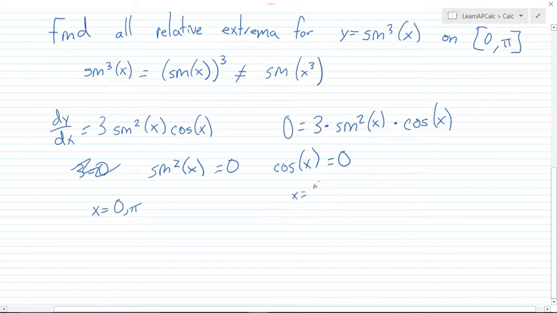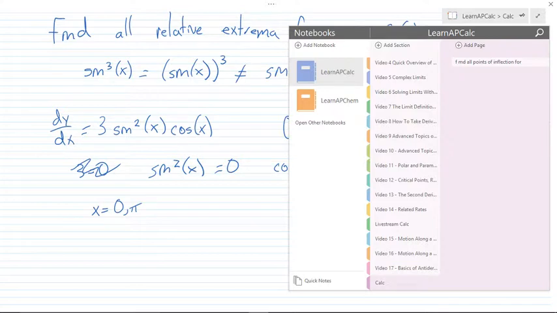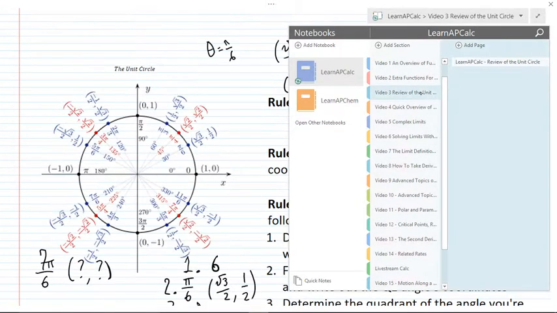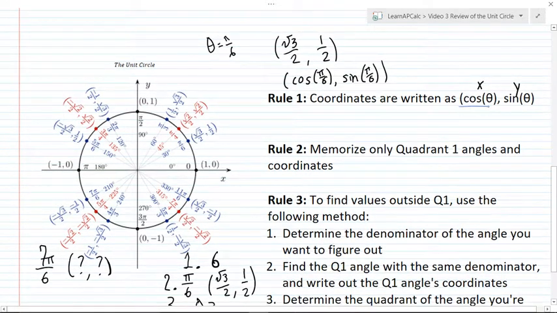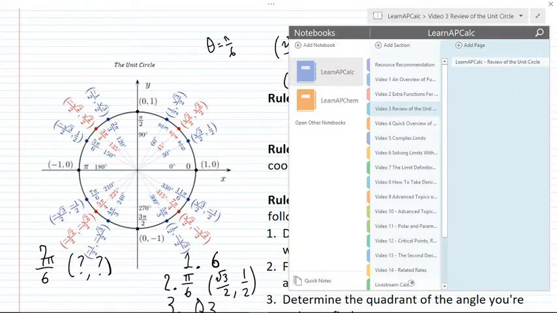Cosine equals 0 at pi over 2. And again, if we go back to the unit circle, remember, cosine is x and sine is y. So x equals 0 here at pi over 2, and y equals 0 here at 0 and pi on the interval 0 to pi.